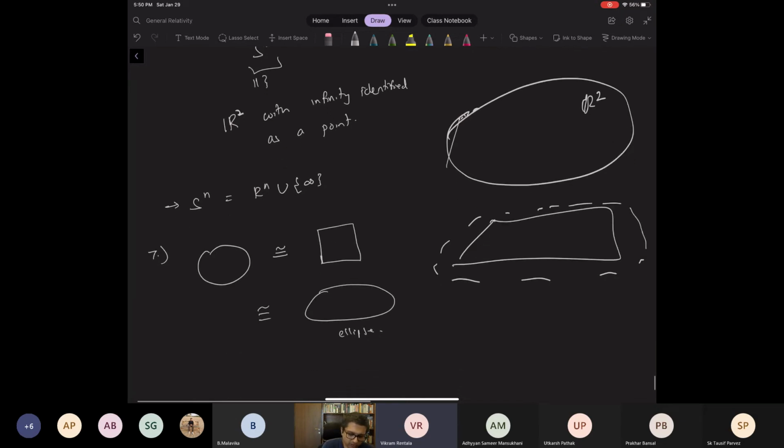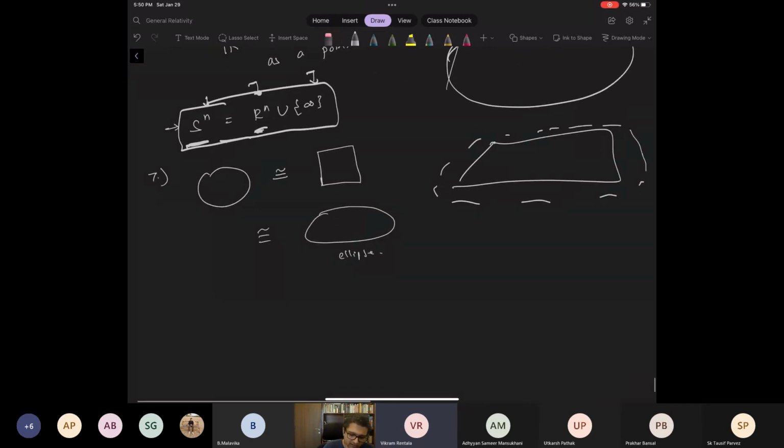The general way of saying this is that the sphere in n dimensions is like taking Rn, the n-dimensional space of real numbers, identifying the point at infinity as a single point in that topology, and taking the union of Rn with that single point. That becomes an n-dimensional sphere.